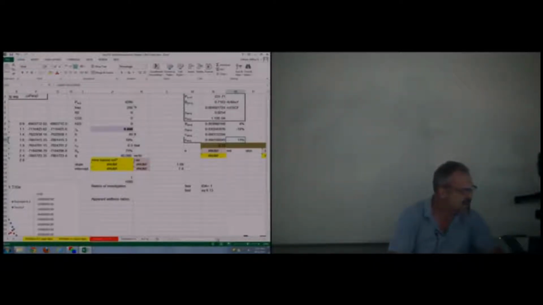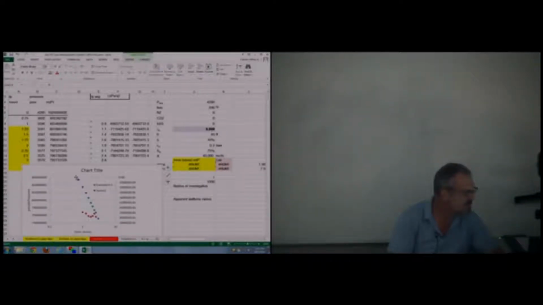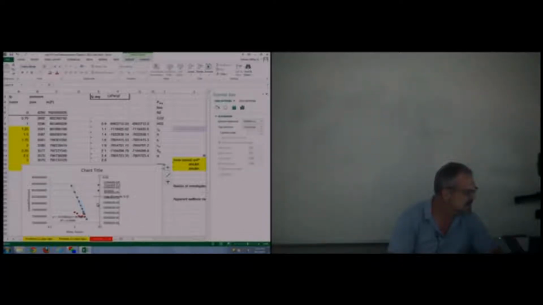Okay, so I'm going to kind of rush to judgment here, but I'm assuming all these points are a straight line. This is a logarithmic straight line, right? Okay. Let's get rid of our.